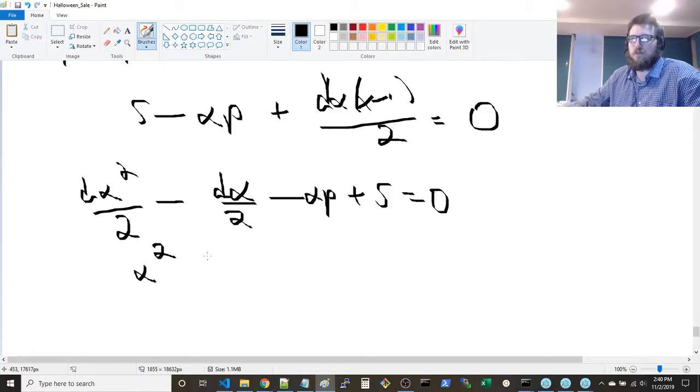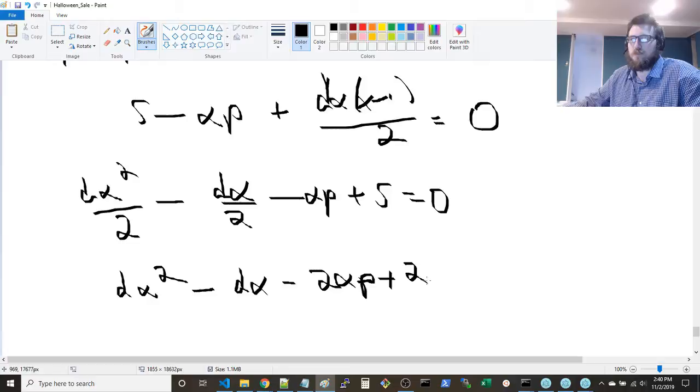I think just multiplying by 2 is better. Leave everything else where it is, so D alpha squared minus D alpha minus 2 alpha P plus 2S.